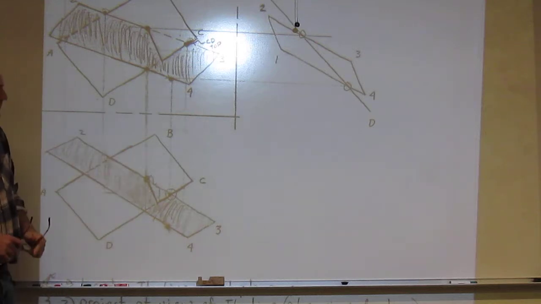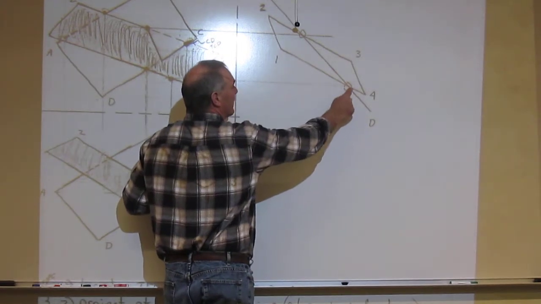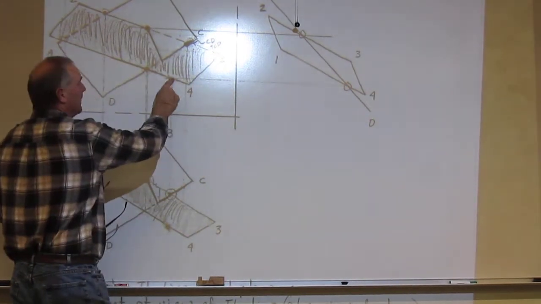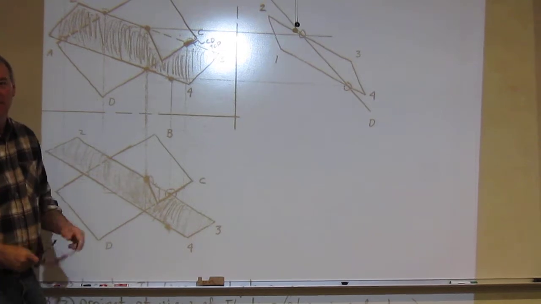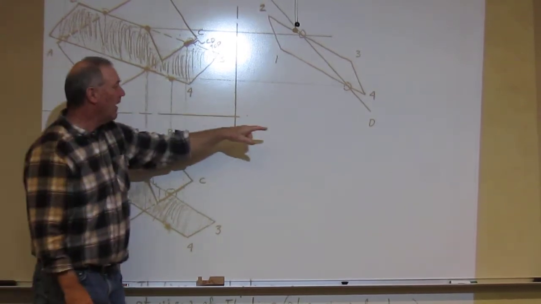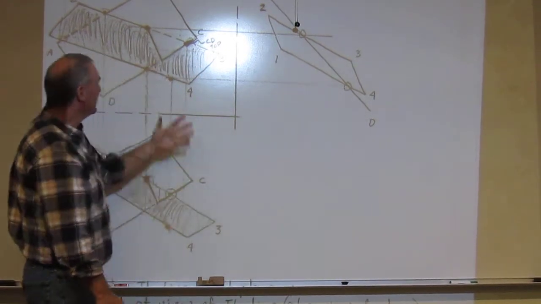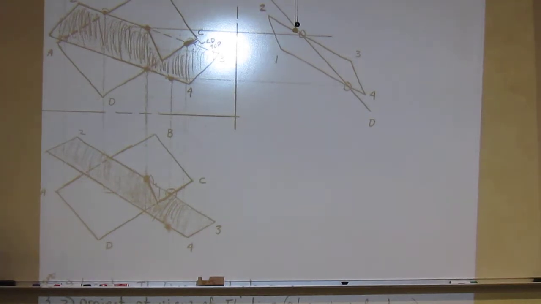And in essence, I also know, because I look at it, this is BD or 1-4. I project it back. Which one do I hit first? I hit 1-4 first. Therefore, 1-4 is on top in this view. And I can start projecting that around and see how things fit.